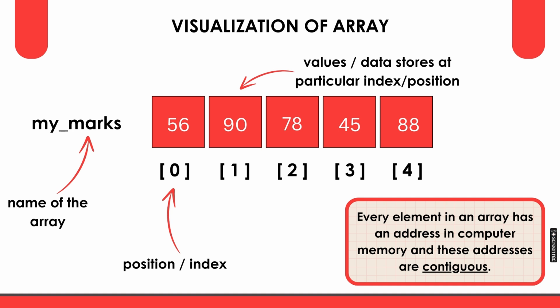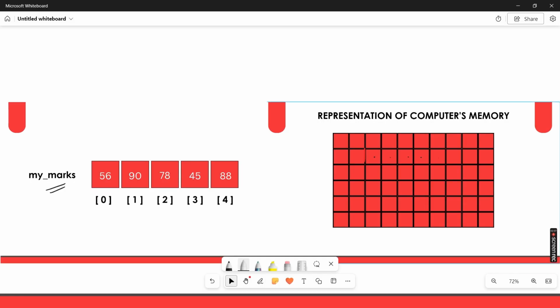One more thing you have to remember is that every element in an array has an address in the computer's memory, and these addresses are contiguous. It means that they are stored sequentially, one by one, together in the computer's memory.